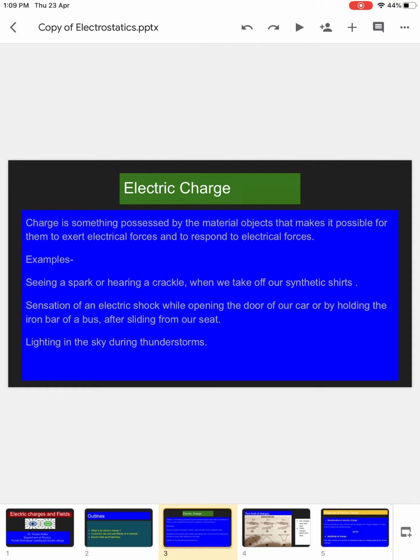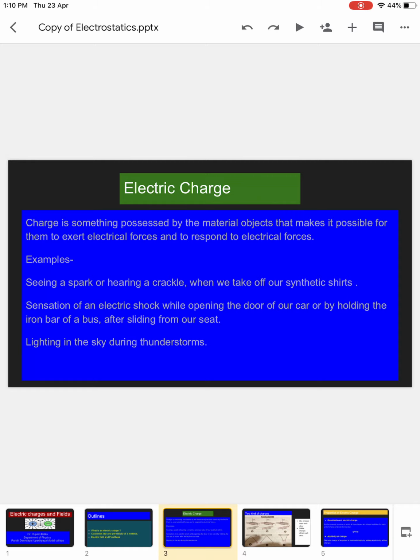Now let's take some daily life examples. Many of us have the experience of seeing a spark or hearing a crackle when we take off our synthetic shirts or nylon sweaters, particularly in dry weather. Sometimes we feel the sensation of an electric shock while opening the door of our car or by holding the iron bar of a bus after sliding from our seat.